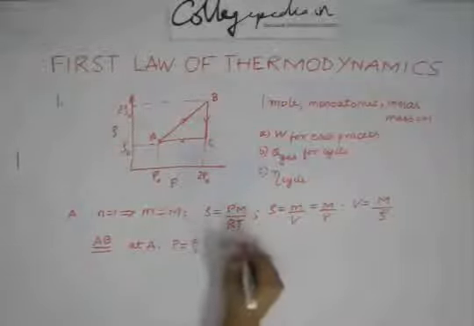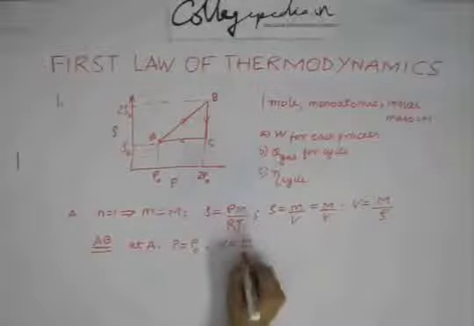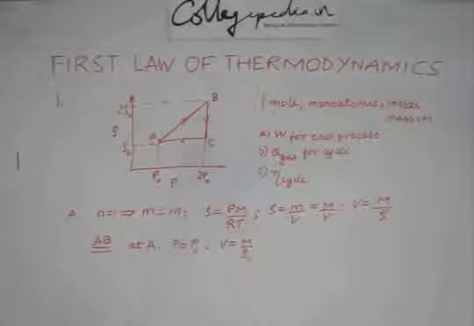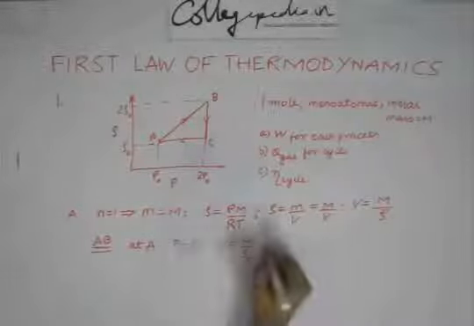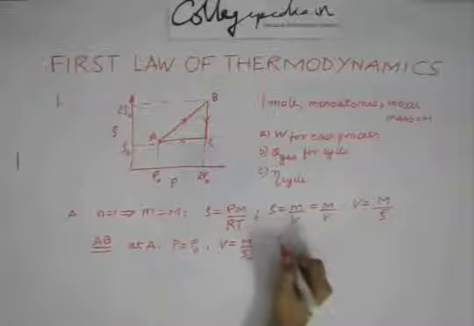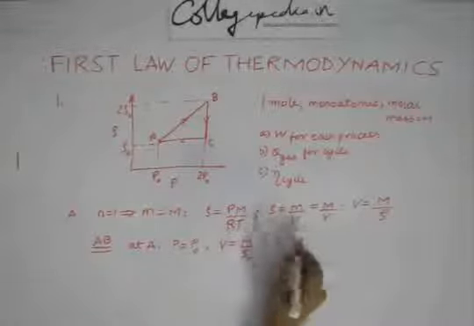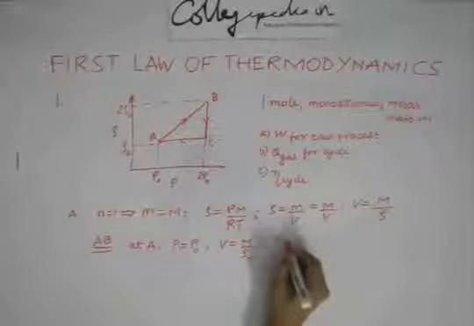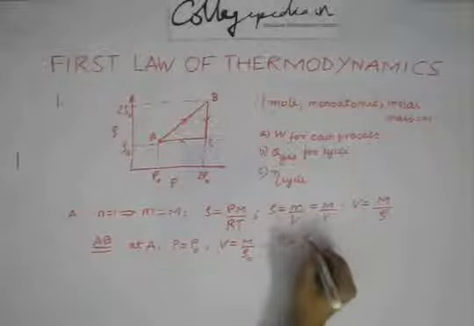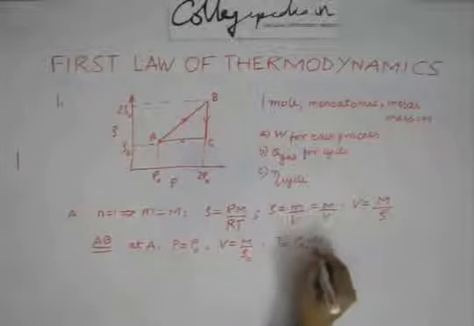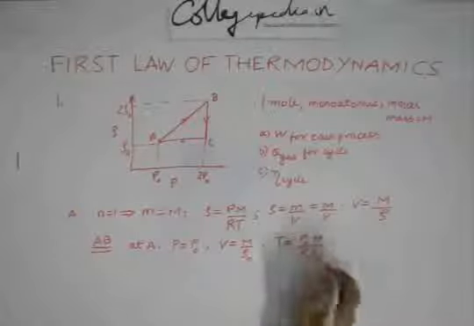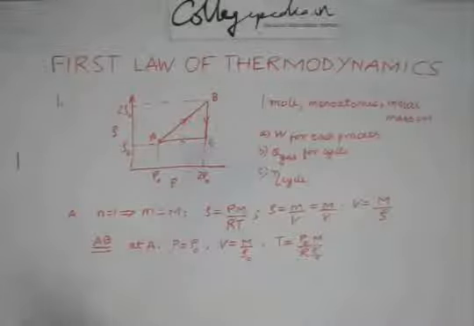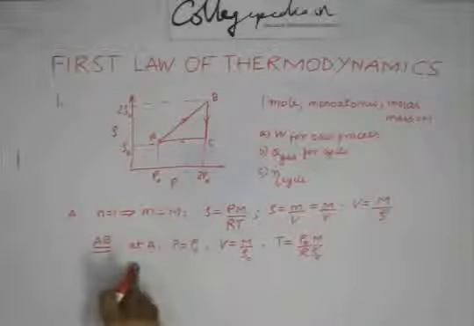Volume of the gas is nothing but m by the density, which is rho naught. The temperature of the gas can be found out from the equation of state. This you can easily determine to be P0 m by R rho naught, as the number of moles of the gas is 1. So this is the state at A.